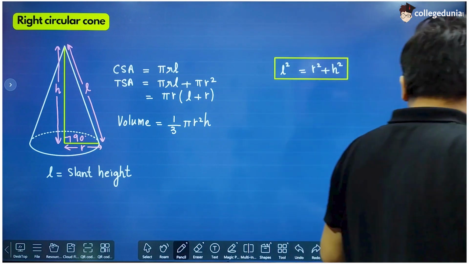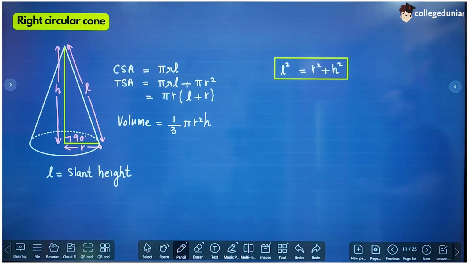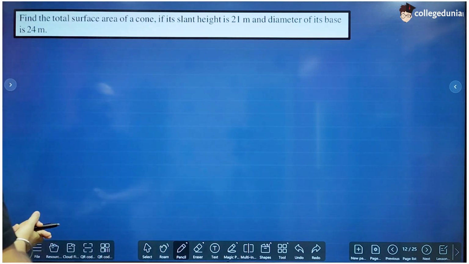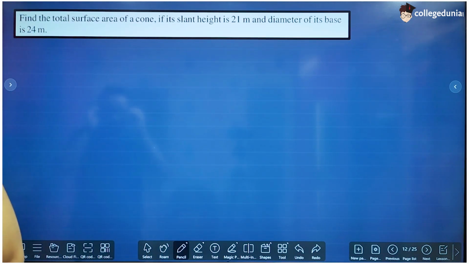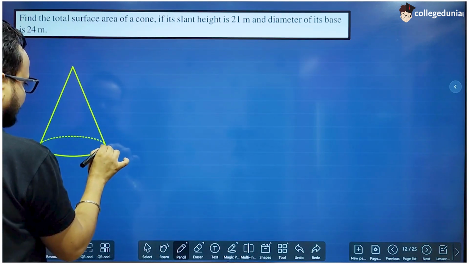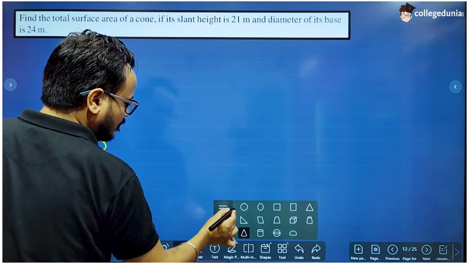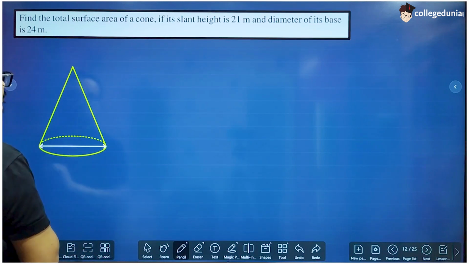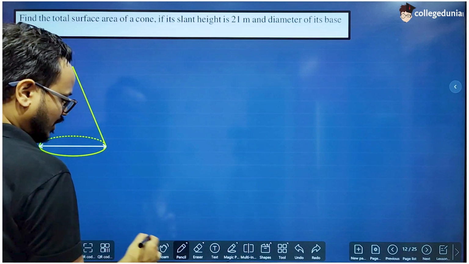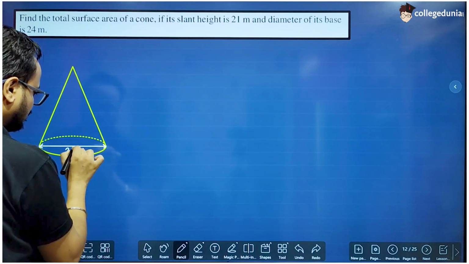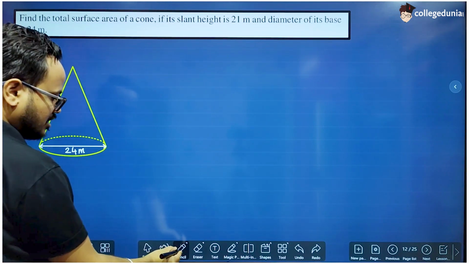Now let's discuss some questions based on cone also. Find the total surface area of a cone if its slant height is 21 meter and the diameter of the base is 24 meter.